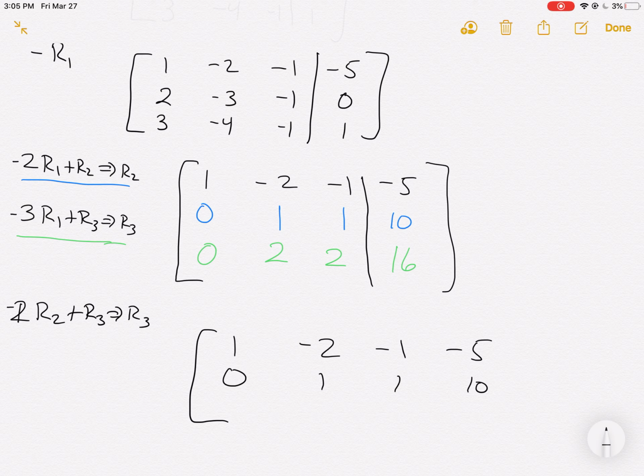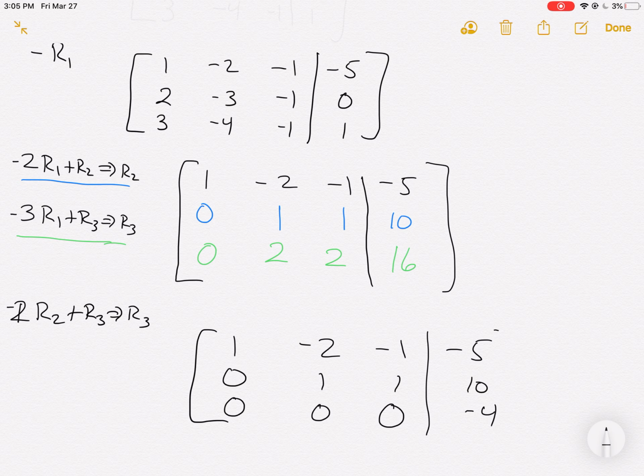We like those. But now we're going to take negative 2 times 0 and add it to 0 to get 0. Negative 2 times 1 is negative 2, plus 2 is 0. That's why we did it. But we're also going to get a 0 here for the same reason. And negative 2 times 10 is negative 20, plus 16 is negative 4.